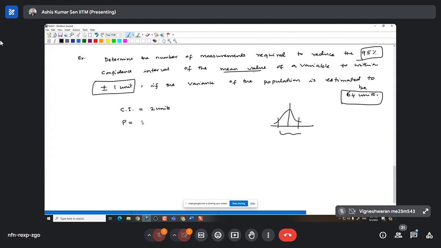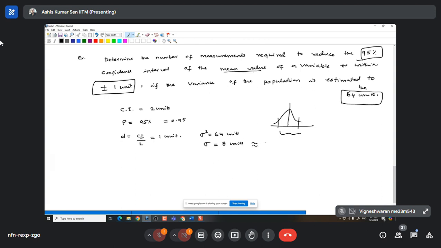P is 95%, that is 0.95. Your precision is confidence interval by 2, that is 1 unit. Variance is sigma square, that is 64 units. So sigma is 8 units.